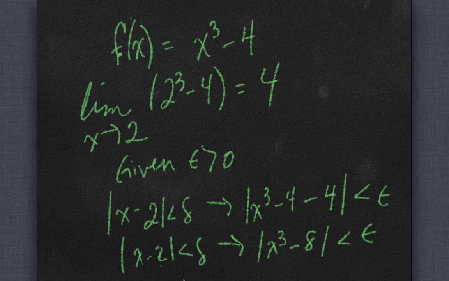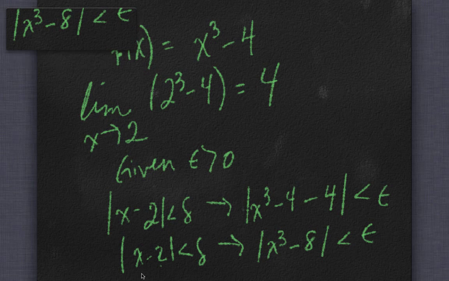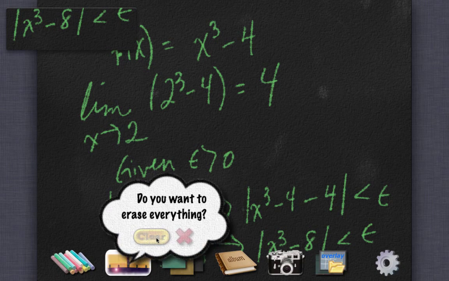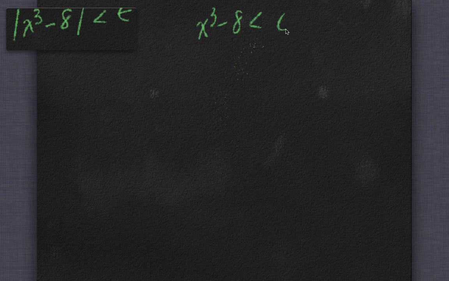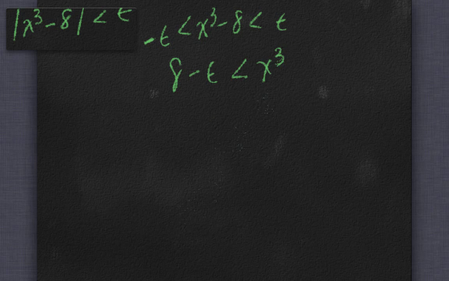Okay, so this is where we have to get it outside the absolute value. And then we add 8. And then we take a cube root.